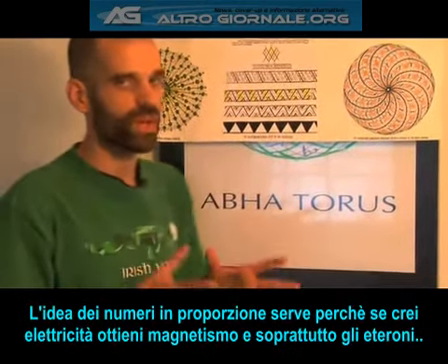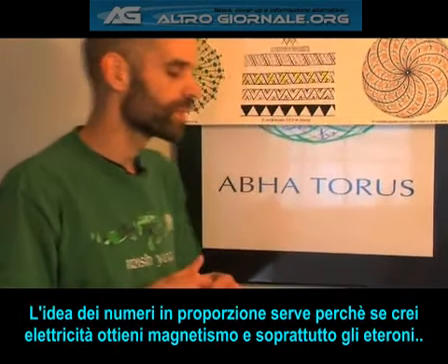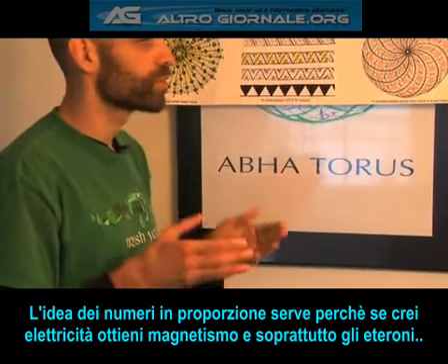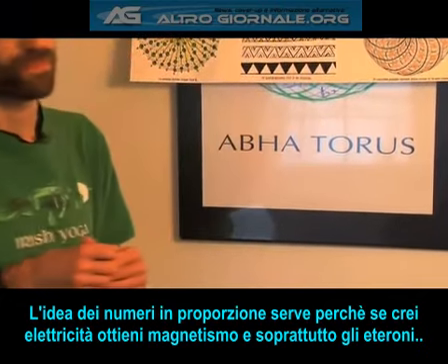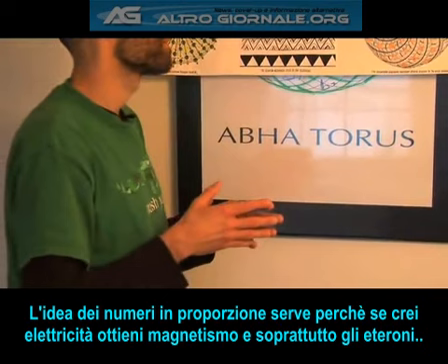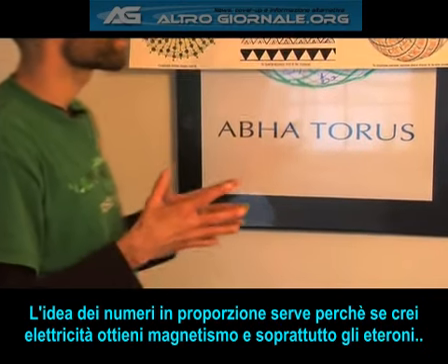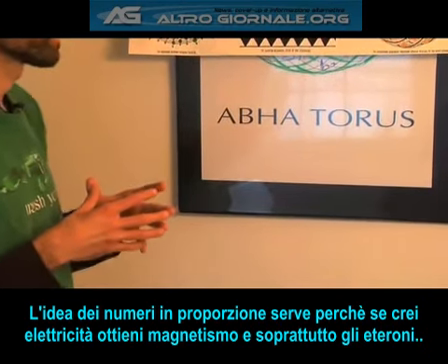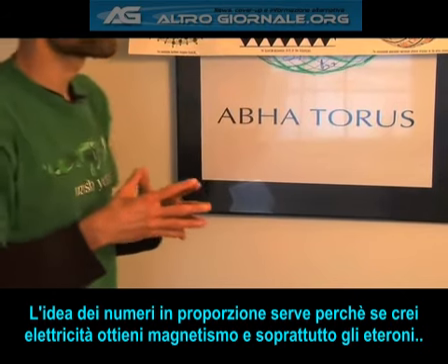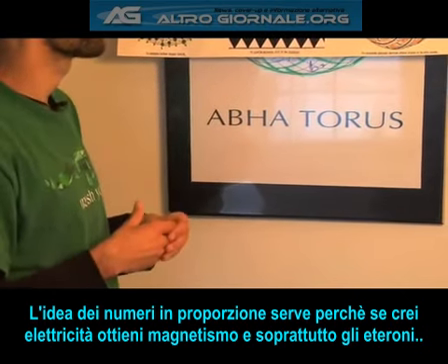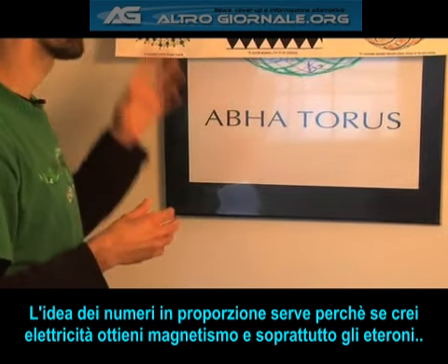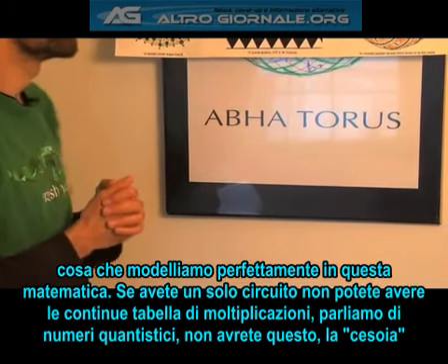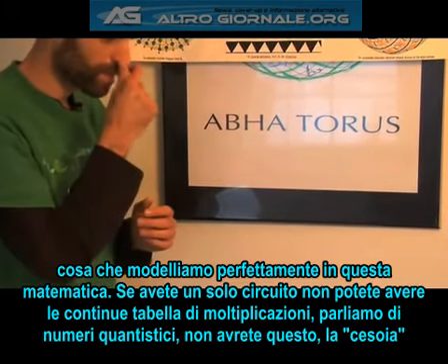Now, the idea with all the numbers being in proportion is that if you create the electricity per se, you get the magnetism, which we already know, and more importantly, you get the etherons, which is the only energy higher than the known elements that we can model perfectly in this mathematics.